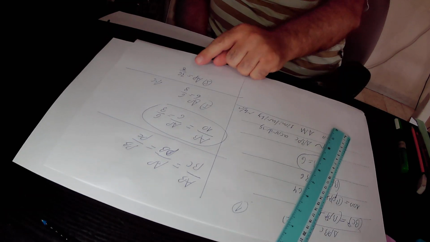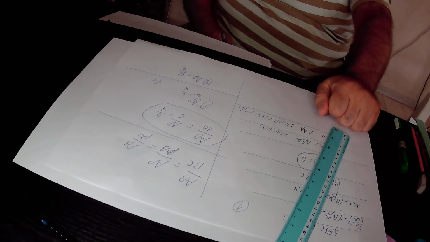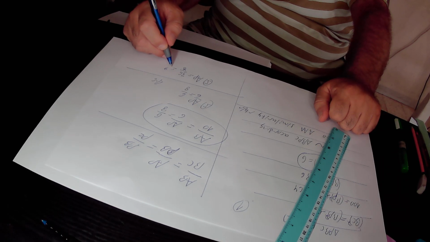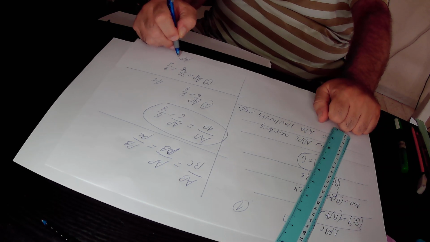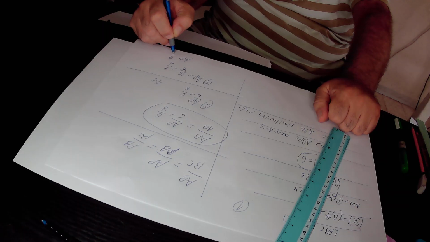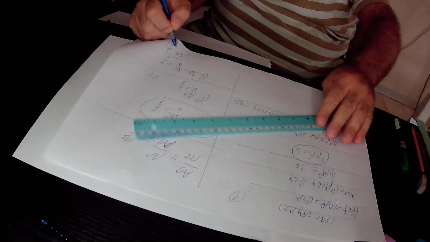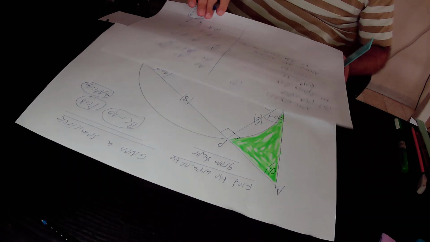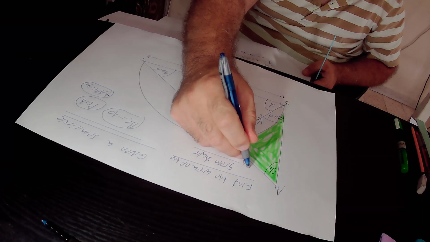Here we divide both the numerator and the denominator of this fraction by 4, and we get that 36 over 4 is 9, and 8 over 4 is 2. So in total, we found out that AP equals 9 halves. So writing down, AP equals 9 halves.